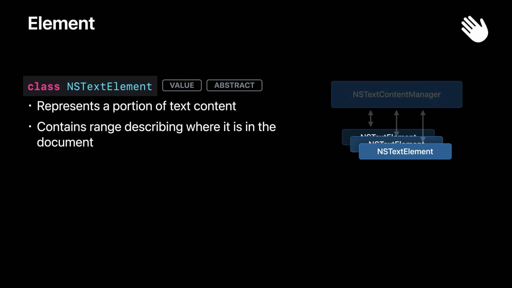Meet NSTextElement. Elements are the building blocks of your document. Each element represents a portion of the content and contains a range that describes where it is in the document. And elements have value semantics. Their properties, including the range, are immutable and cannot be changed after creating the element.